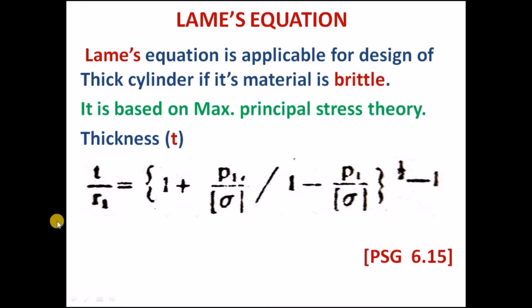This is Lame's equation. t by Ri equals, where t means thickness and Ri means inner radius, the square root of (sigma plus Pi) by (sigma minus Pi), minus 1. Pi is the internal pressure inside the cylinder. Sigma is the permissible stress of the cylinder material.